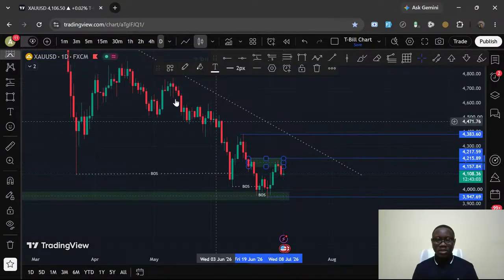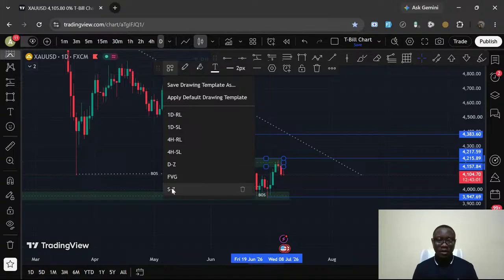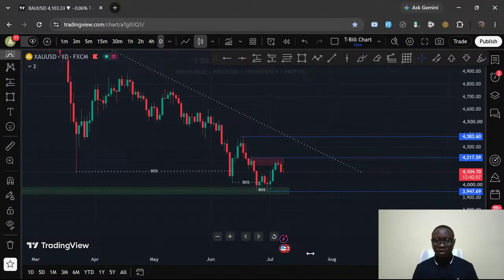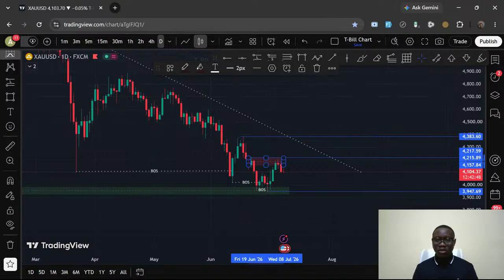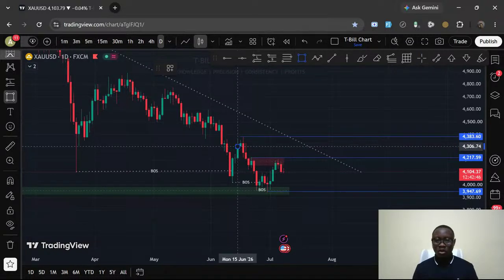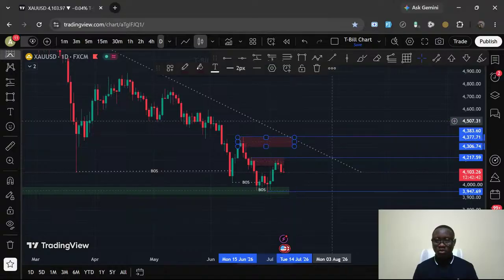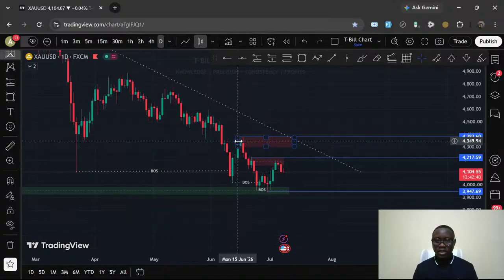And this is our supply order block zone. So I would expect, if this zone fails, then this is where we'll probably be expecting price to pull back for a possible reversal to the downside.